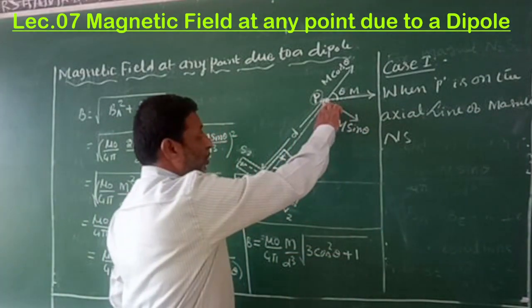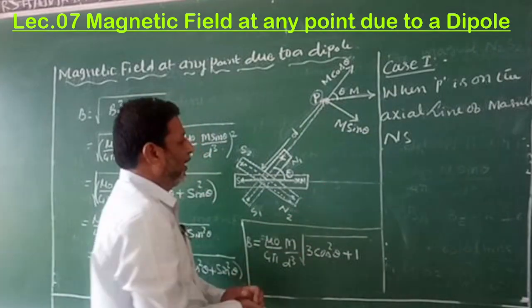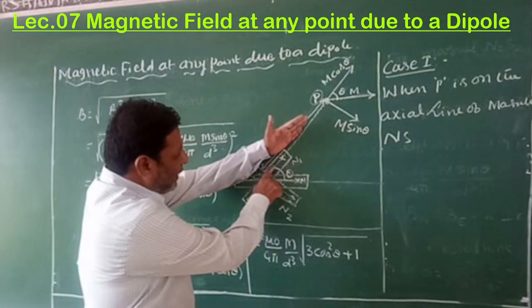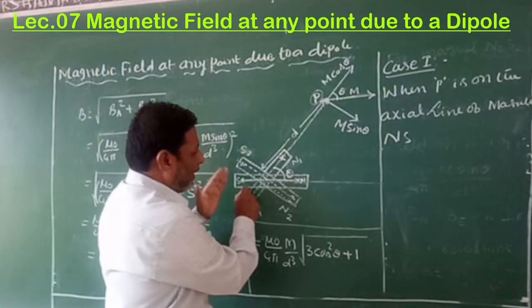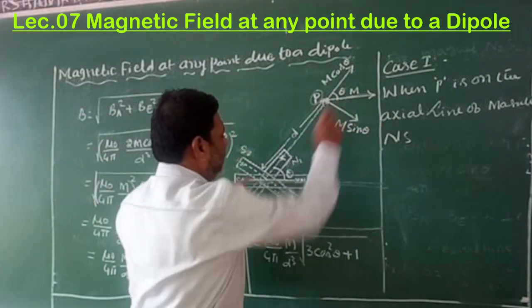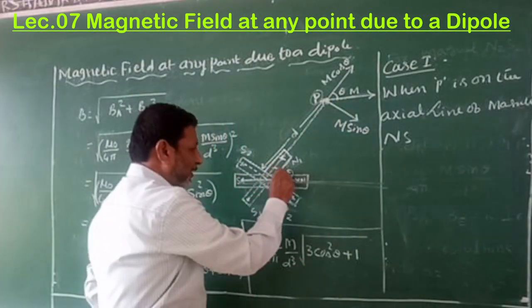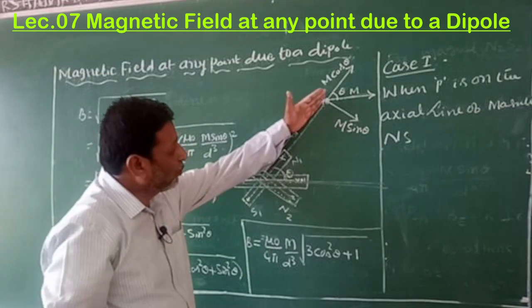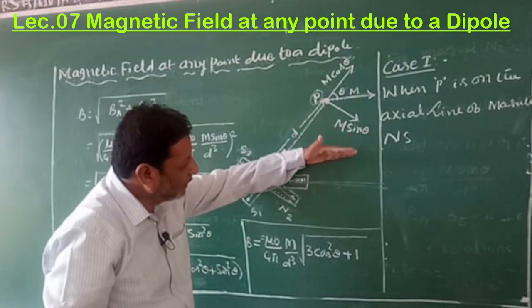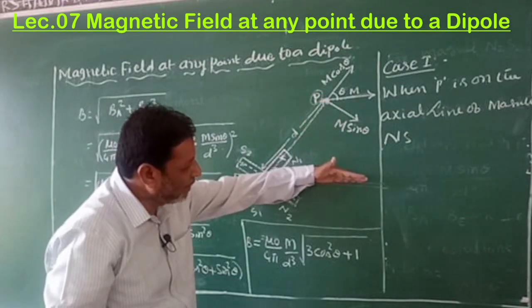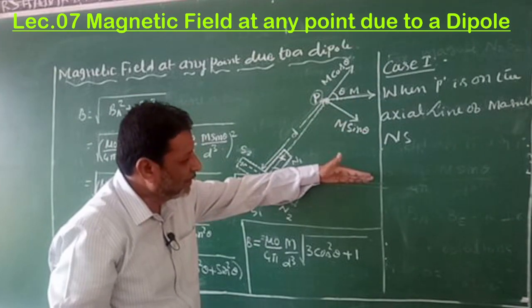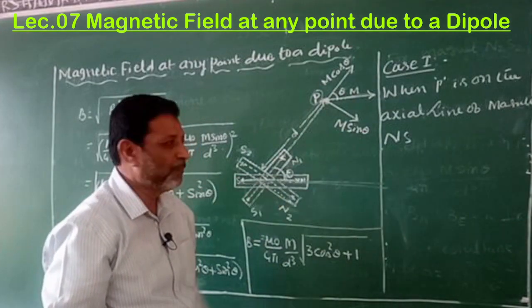Now see, when this point comes here, you are observing that this angle is theta. The angle between this and this is theta. Now, when this point comes here, theta gradually decreases, and when it becomes on the axial line, theta will be equal to 0.